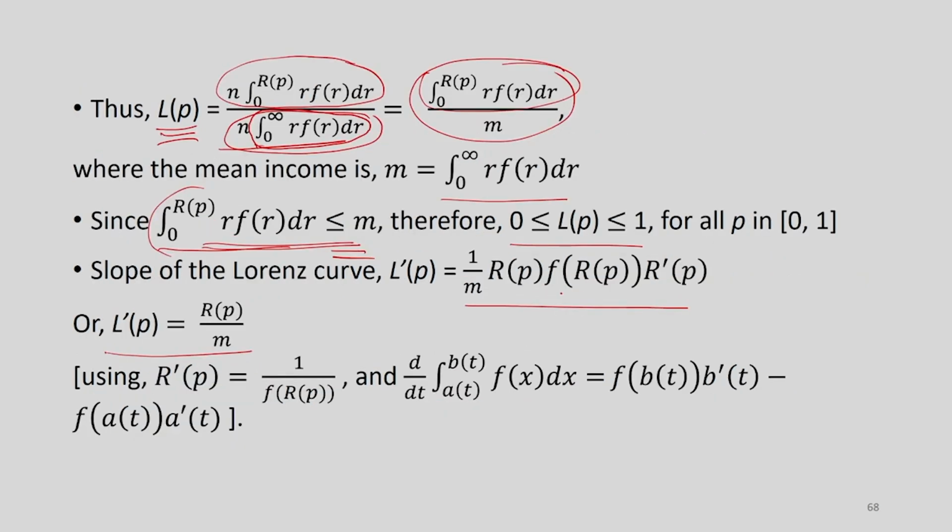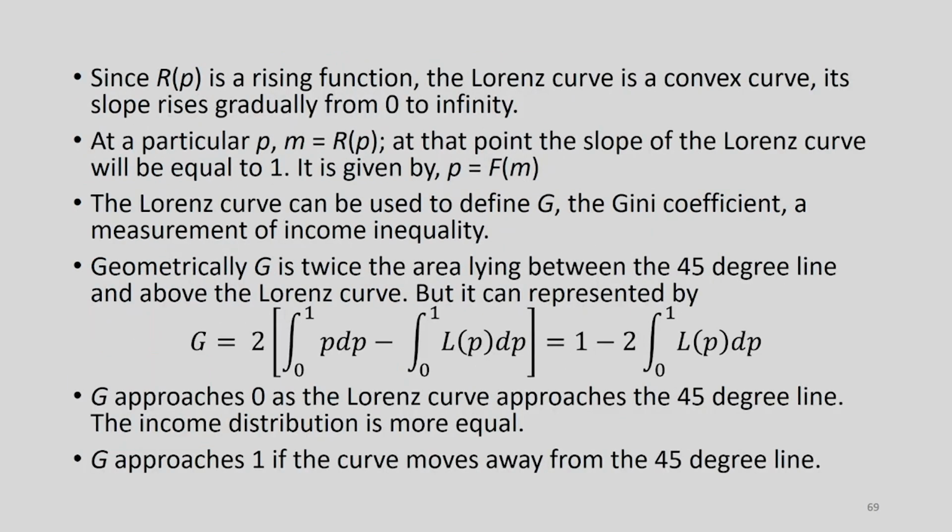So that is why these two terms actually cancel each other. And I have also used this formula to get the derivative of this expression as this. So L prime p is equal to R_p divided by M. So this is the slope of the Lorenz curve, R_p divided by M.